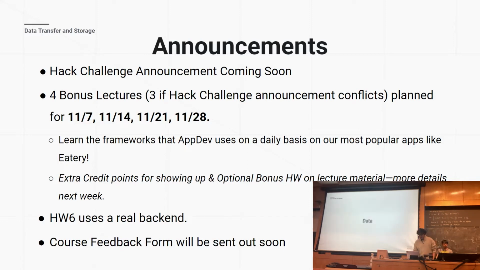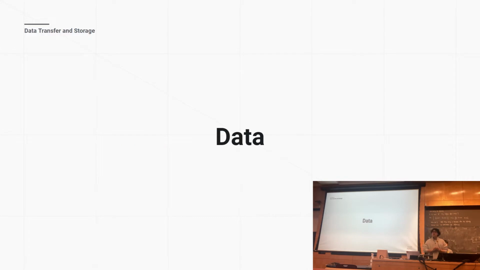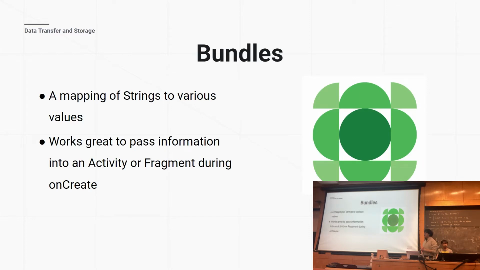All right, there are none. So, today we will be teaching you guys about data. More importantly, it is how data persists throughout your entire app. We've previously learned a bit about how data is propagated using bundles.